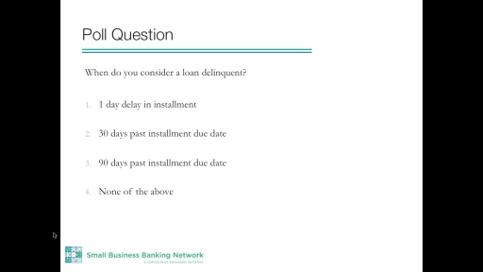So there's not a clear winner in terms of what is a delinquent loan. We'll go ahead and close it now, and we're seeing about 40% saying 1 day delay, 40% saying 30 days past due, and 20% saying 90 days past due. So Cecilia, maybe you can share a little bit in terms of best practices in some of your upcoming slides as well. Yeah. Okay, thank you, Jessica.